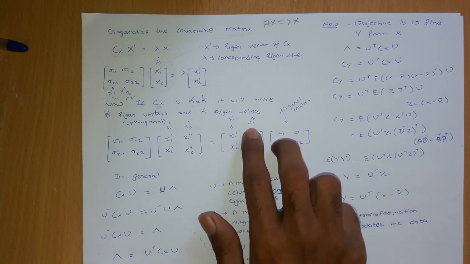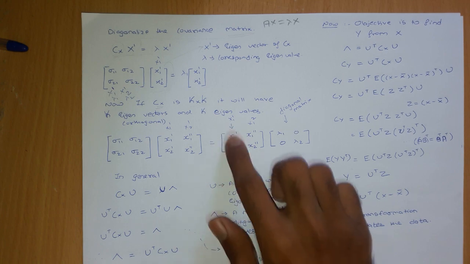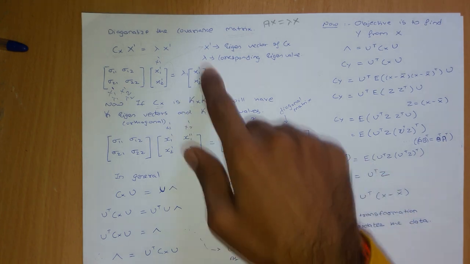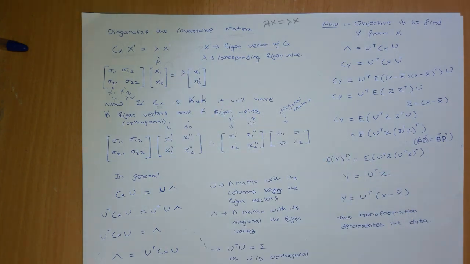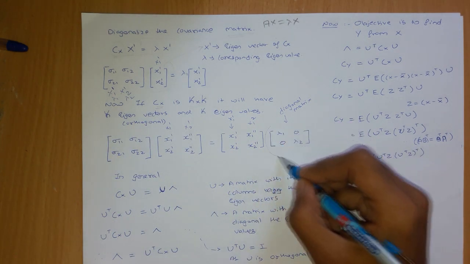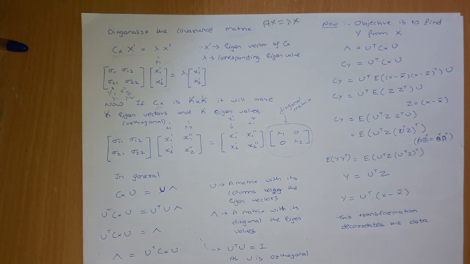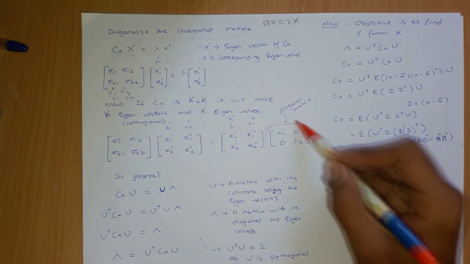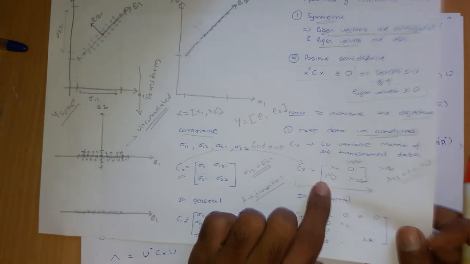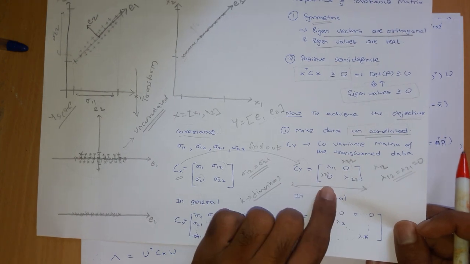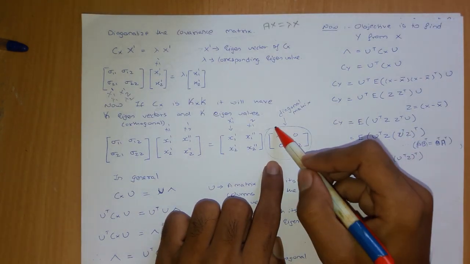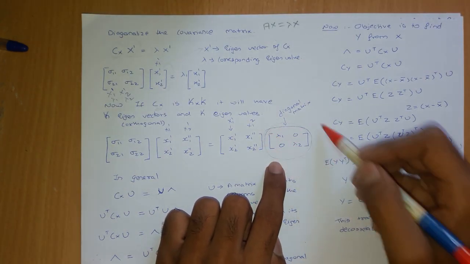So the second term is becoming 0, and you essentially get this into lambda 1, which is what we have got over here. This is the important thing that we are focusing on, because we have to make a diagonal matrix. We want our Cy to be diagonal. This is what we want over here.